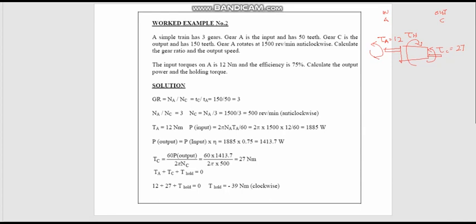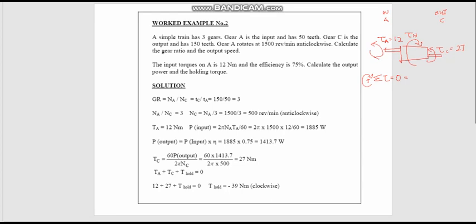So I'm just clearing up the page and redrawing this gearbox system. So we have tau A equal to 12 counterclockwise. Tau C is counterclockwise, 27 Newton meter, and the holding torque we assume is in a clockwise direction. So we do summation of torque equal to 0 at static condition, and we assume that the clockwise direction is positive.